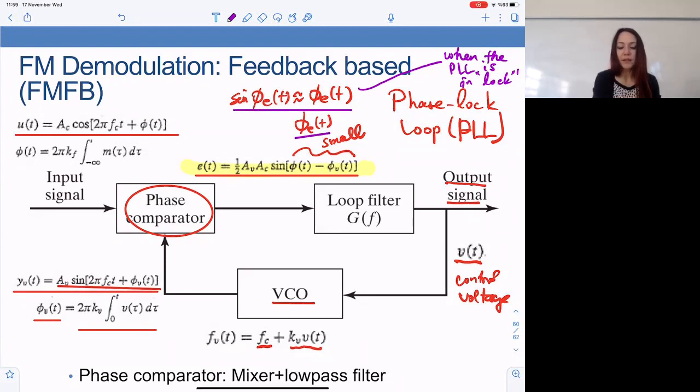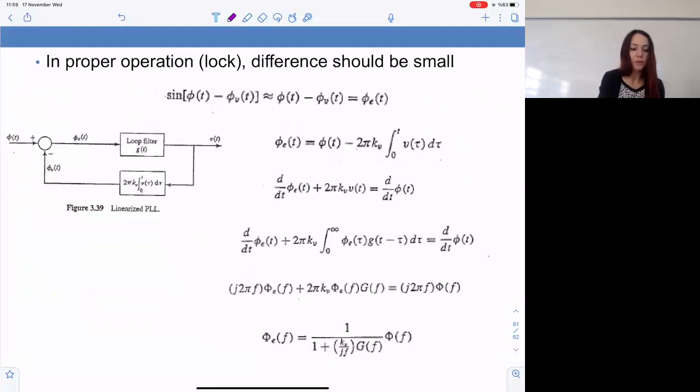So phi e is coming in, and v is going out. We will use a linearized model for this, where phi e is coming in, and it is filtered by some filter such that the result is v(t), and we want v(t) to be the demodulated signal or proportional to it.